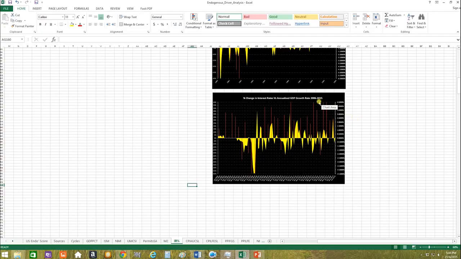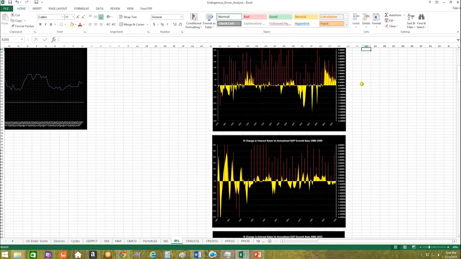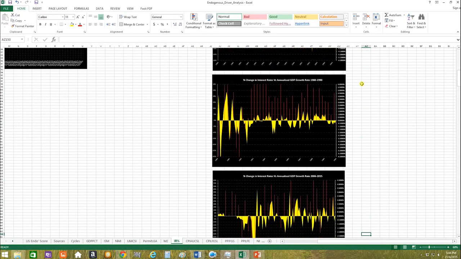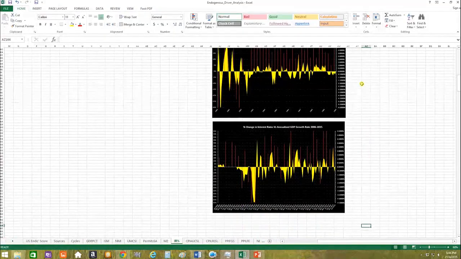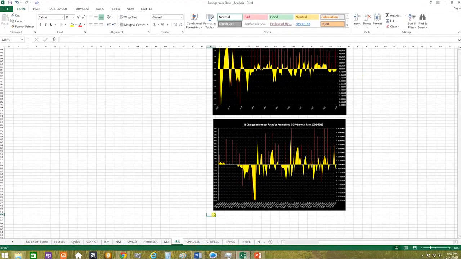So up to present day, where we're comparing the interest rates on all of these charts, the interest rate changes, the percentage changes in interest rates in yellow versus the GDP growth rates that they're associated with at the same time in red. Now, as already mentioned, in your spare time, you can spend much further time analyzing these charts and the data behind it.